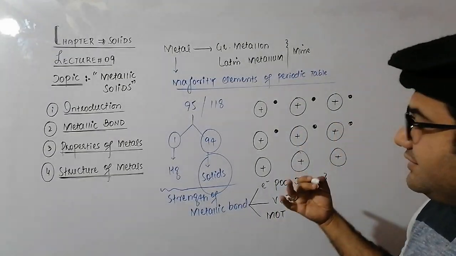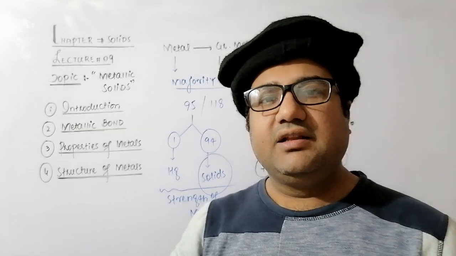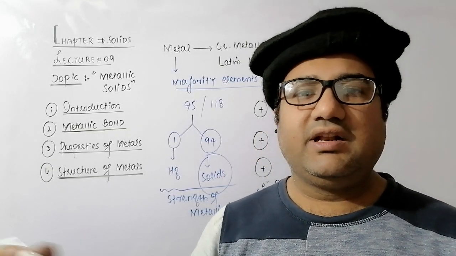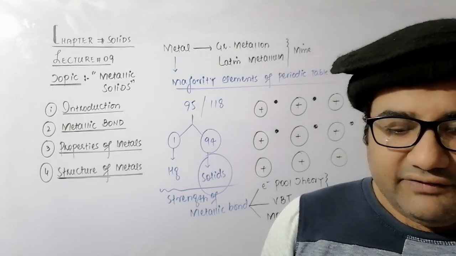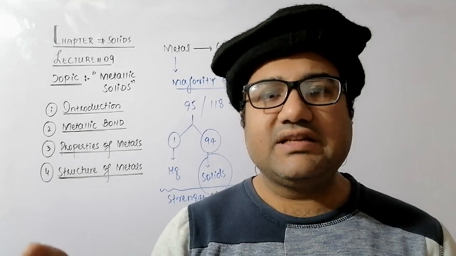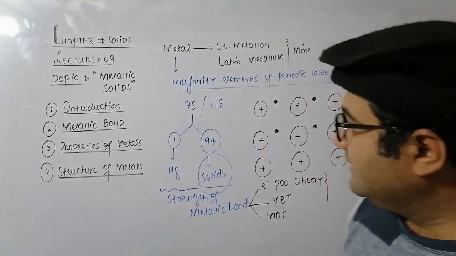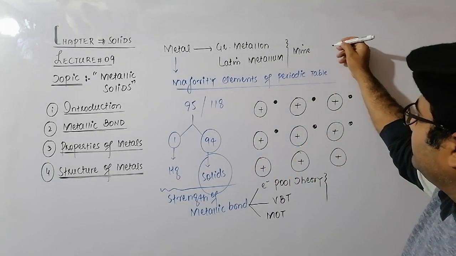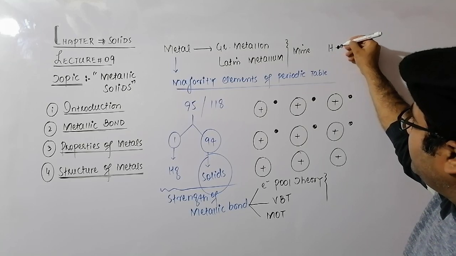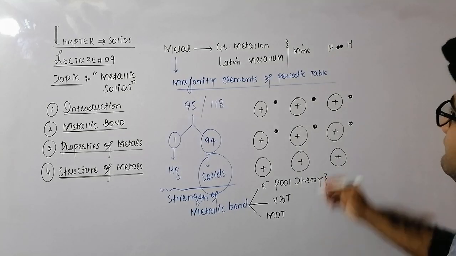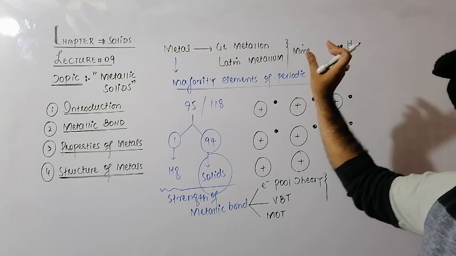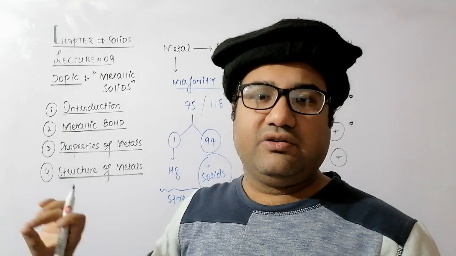As they do not stay between two atoms and move in the whole crystal lattice, they are called delocalized electrons. When we use the term localized electrons, it means the electrons stay between the bonded atoms. Just like in the case of hydrogen, a single covalent bond is present and there is a pair of bonded electrons, but these bonded electrons stay between the bonded atoms. So these are the localized electrons.